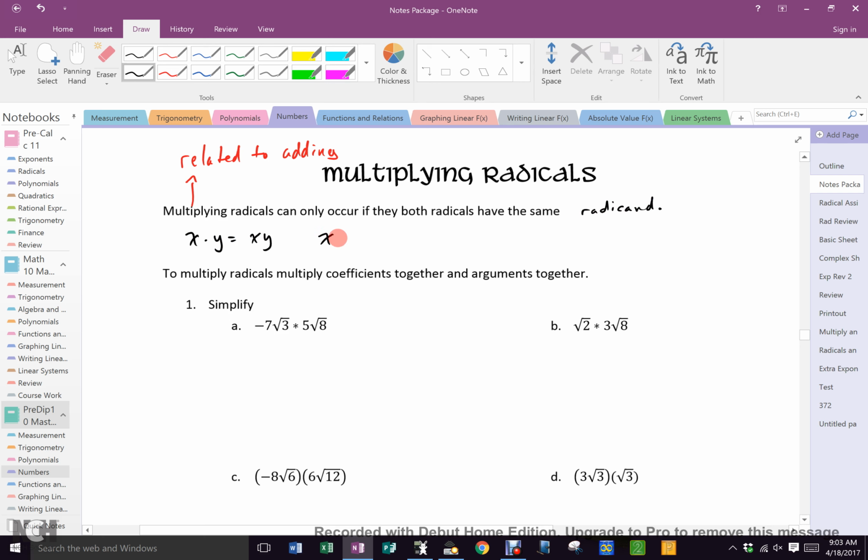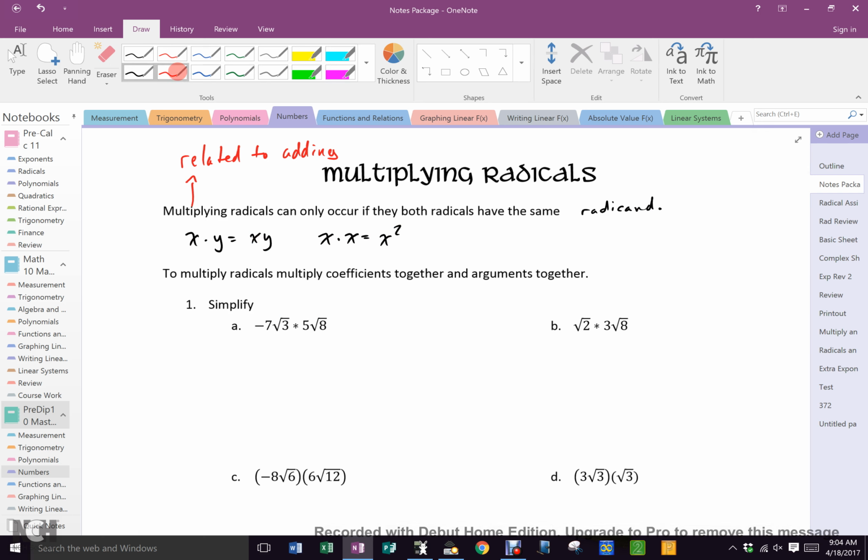What is x times x? X squared. Because they're the same. Okay? They got to have the same radicand. So, in here, do they have the same radicand? Yes or no? No. So, if it was variables, it would be xy, wouldn't it?